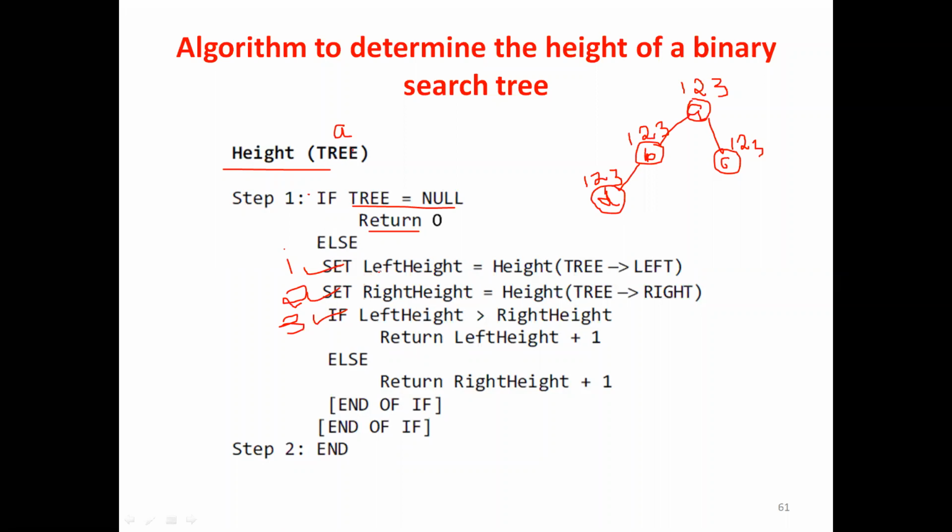For example, this else will be executed now. Height of left subtree, we are passing the B. So it means that step 1 is executed. I'm underlining the number 1 in the node A. It means that it is at step 1.